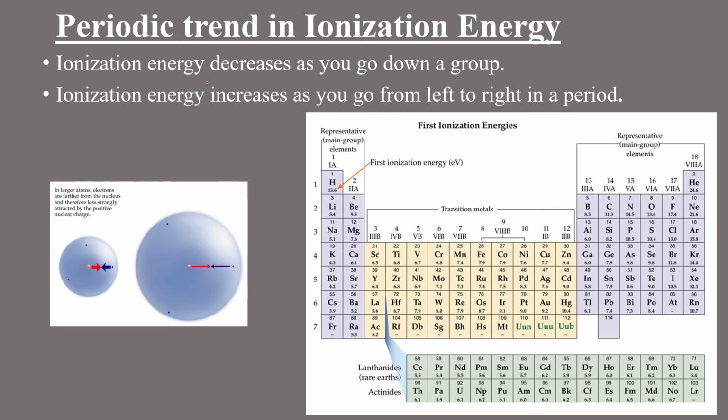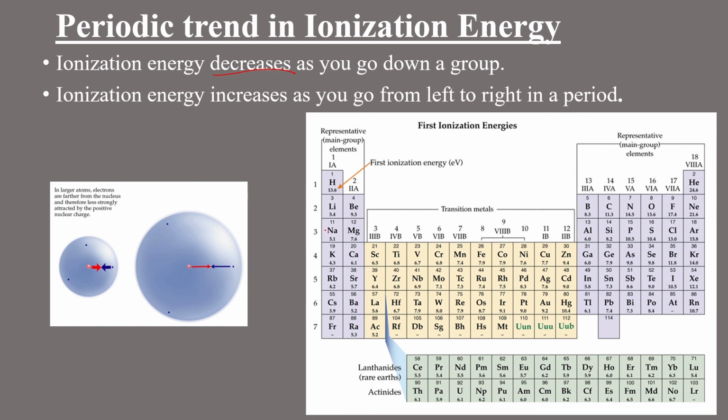So ionization energy decreases as you go down a group, and ionization energy increases as you go from left to right in a period. So as you go down a group, you know that the atomic size increases. So if atomic size is increasing, means we need less amount of energy to remove that electron. That is the reason that ionization energy decreases as you go down a group.